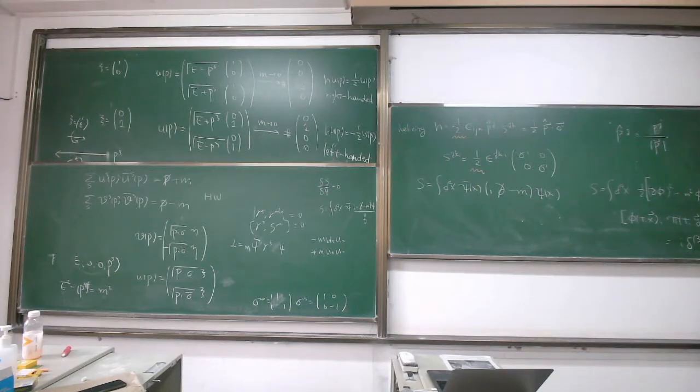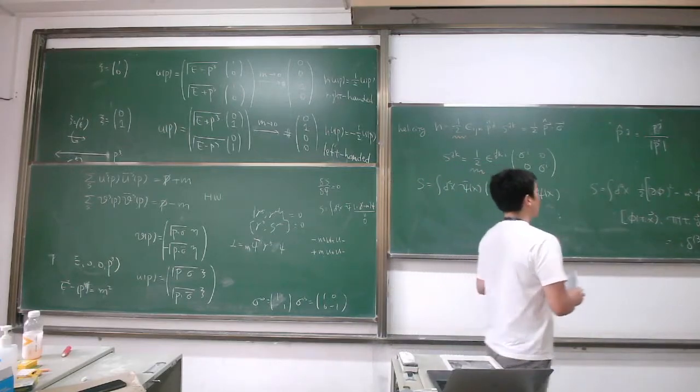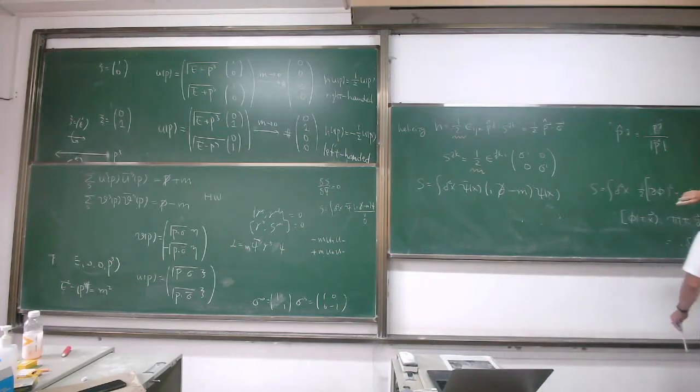Okay, so that's what we did in the scalar theory, and we are going to do a very similar thing for the fermionic field. That's what we are going to do. So that we quantize the fermionic fields.